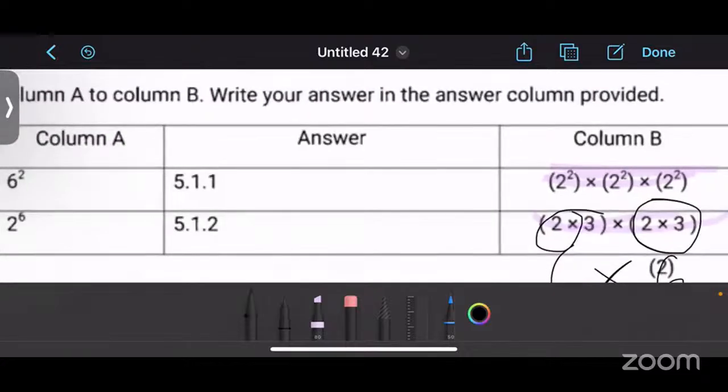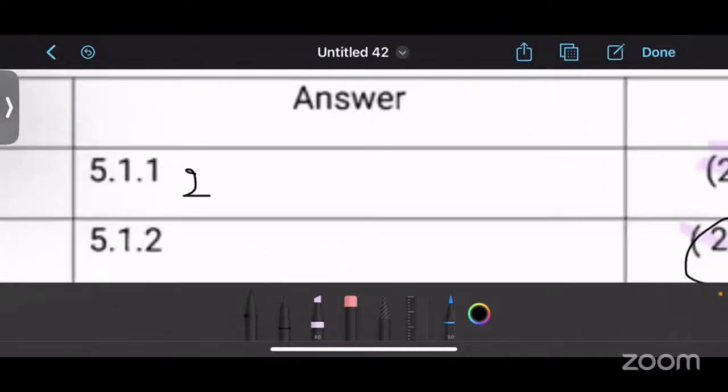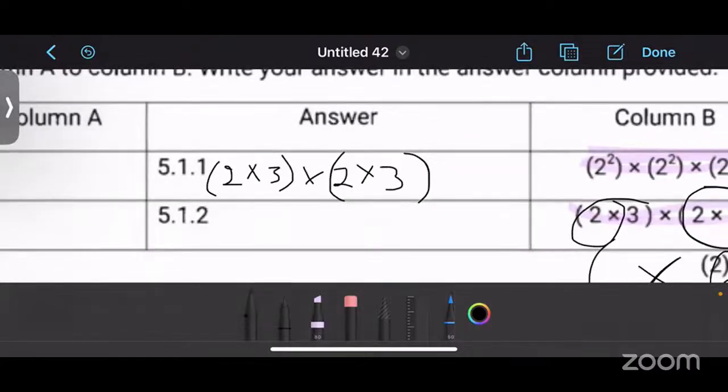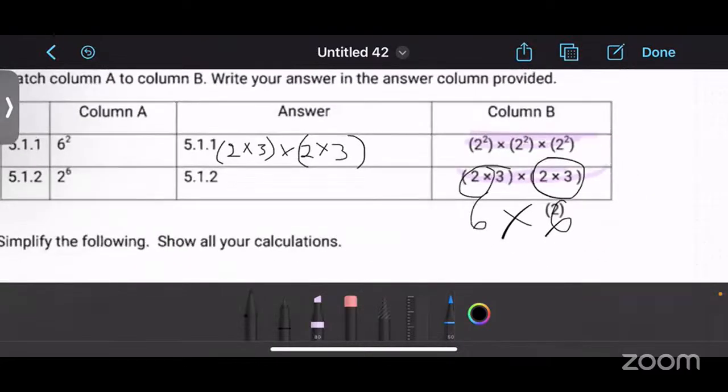Yes, ma'am. So it's 2 multiplied by 3, close the bracket, multiplied by 2, multiplied by 3. So basically, this is 6 multiplied by 6, okay?